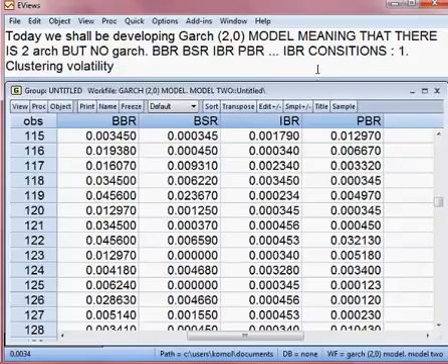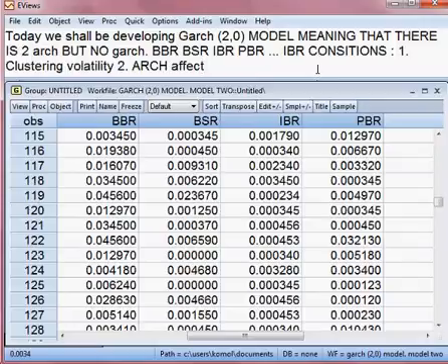Condition number two: there should be an ARCH effect after the ARCH test. Only then can we run the ARCH or GARCH model.